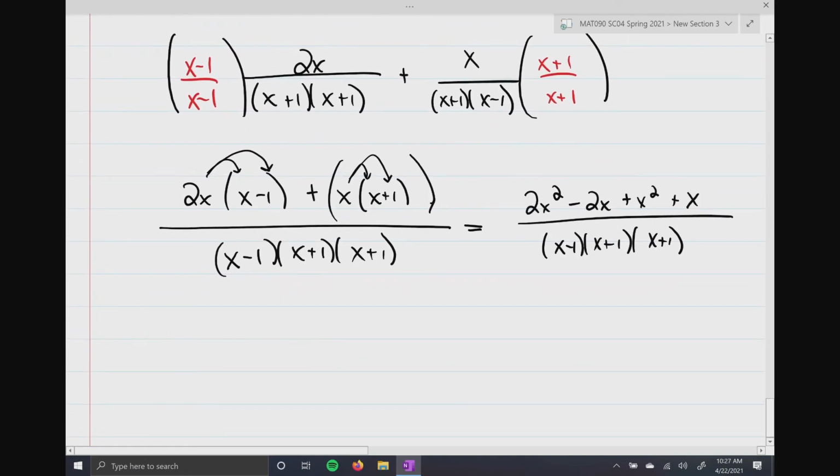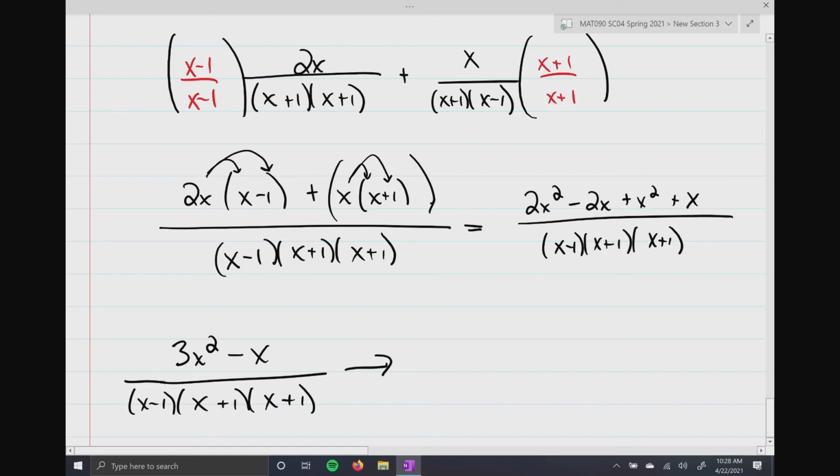Now I'll go ahead and group like terms. 2x squared plus x squared is 3x squared. Negative 2x plus x is going to be minus x. And this is all over x minus 1, x plus 1, x plus 1.